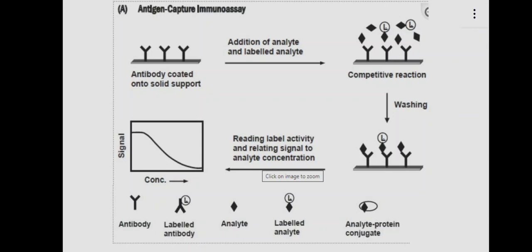This is followed by washing. So whatever is not bound to the fixed antibodies will be washed off. And you can see that in proportion, whatever was not bound will be washed off.